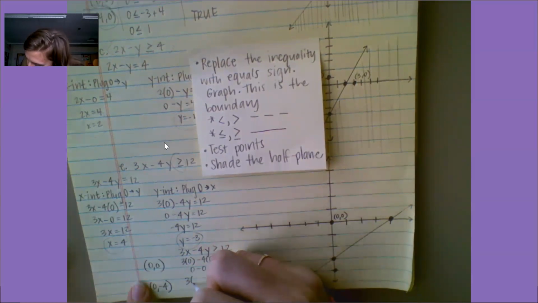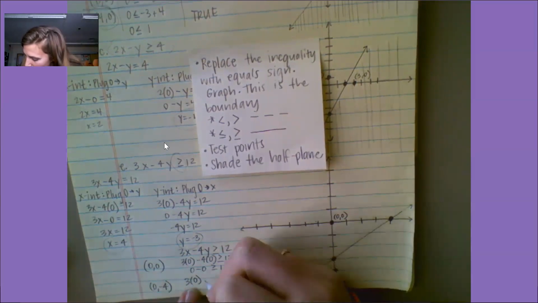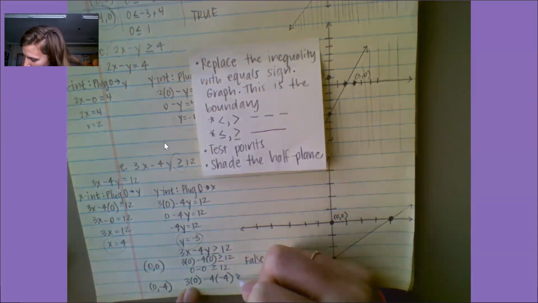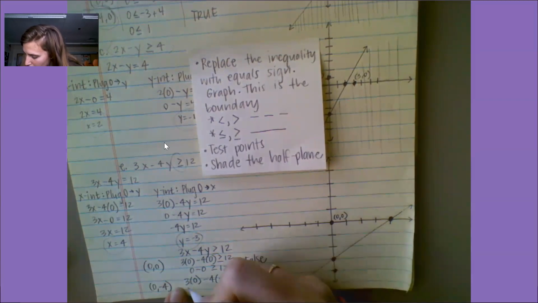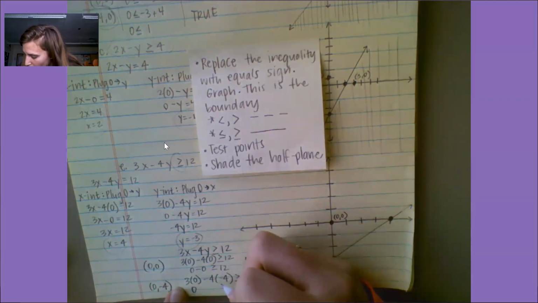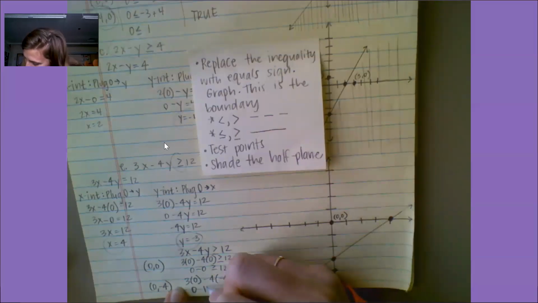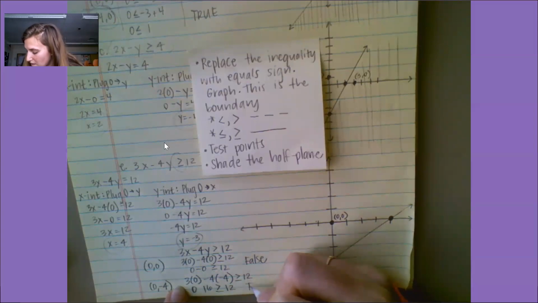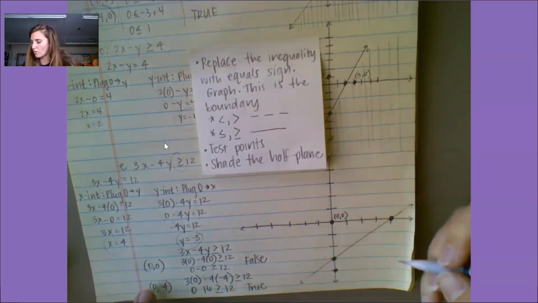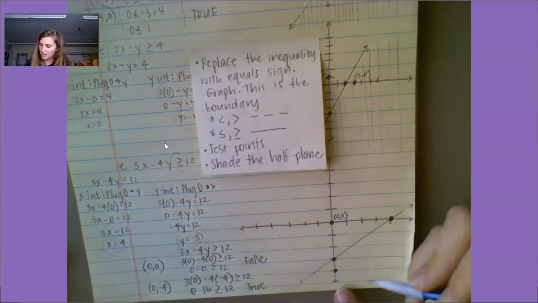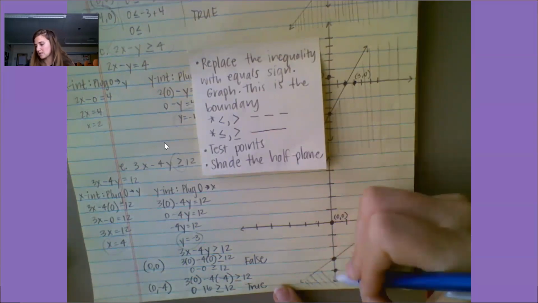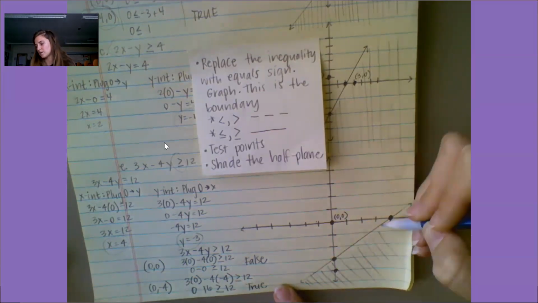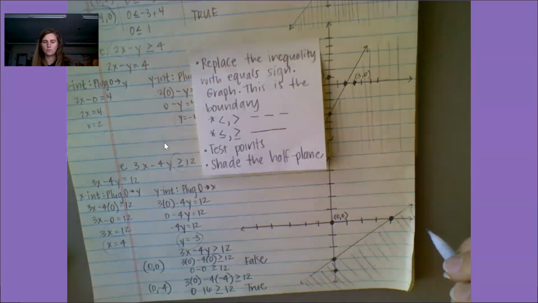So I get 3 times 0 minus 4 times -4 greater than or equal to 12. 3 times 0 is 0. -4 times -4 is 16, which is greater than or equal to 12. That is true. So the half plane that includes this point is going to be my solution.